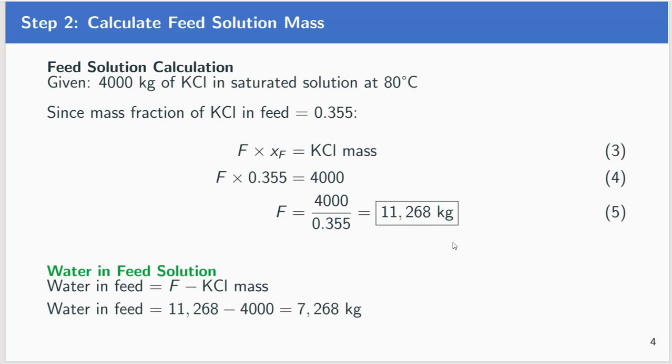The feed amount will be 4000 divided by 0.355, so that is 11,268 kg. Now the water in feed is nothing but F minus the KCl mass. We know that feed is 11,268 and KCl mass is 4000, that is 7,268 kg of water in feed.